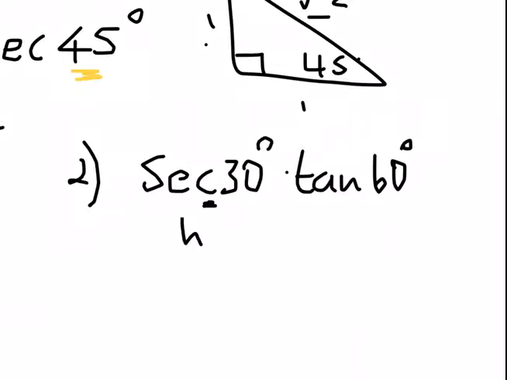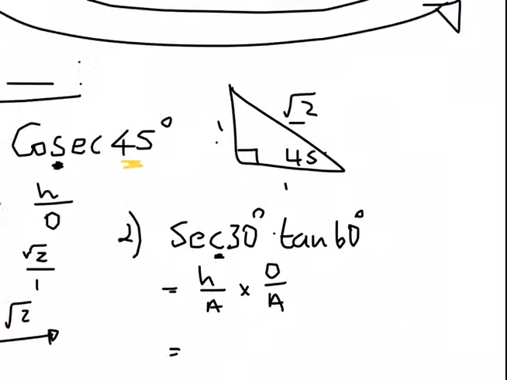So that means here it is going to be hypotenuse over adjacent. That you will need to multiply by what you already know for tan, which is opposite over adjacent. But be careful in terms of the special angles. So that means you will need to go to that special angle of 30.